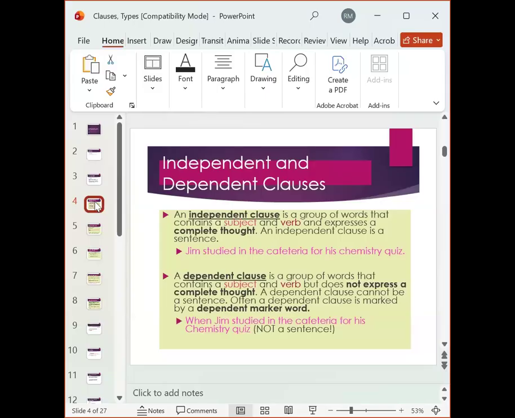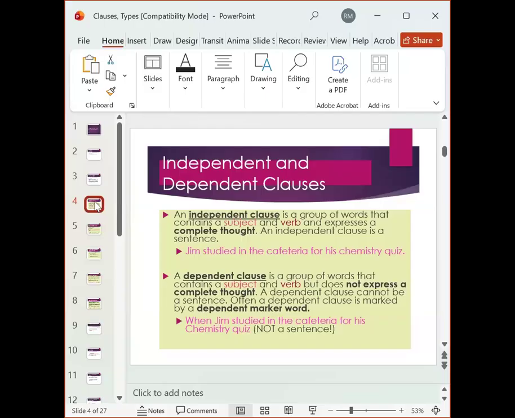So when Jim studied in the cafeteria for his chemistry quiz, and usually that is the intonation for reading a dependent clause, it moves from a place of stressing it to kind of unstressing it. That intonation suggests that there needs to be added information, and that is how dependent clauses are often read.